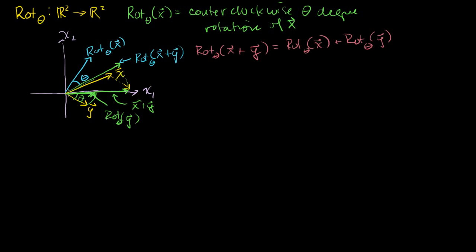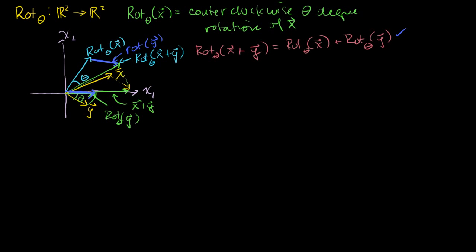That's that vector right there. The rotation of x was right there. So if we add the rotation of x plus the rotation of y, I'm fudging it a little bit, but I think you get the idea. You actually get the rotation of x plus y. So at least visually, it satisfies that first condition.